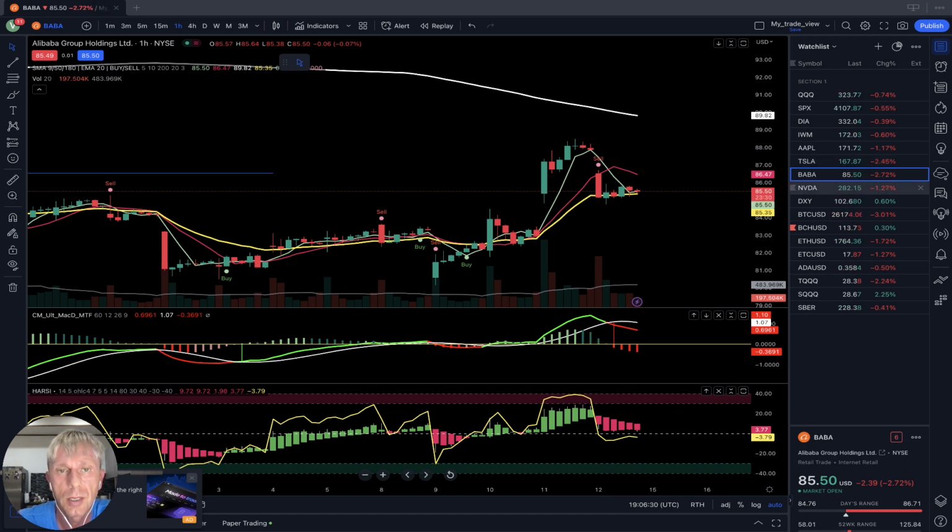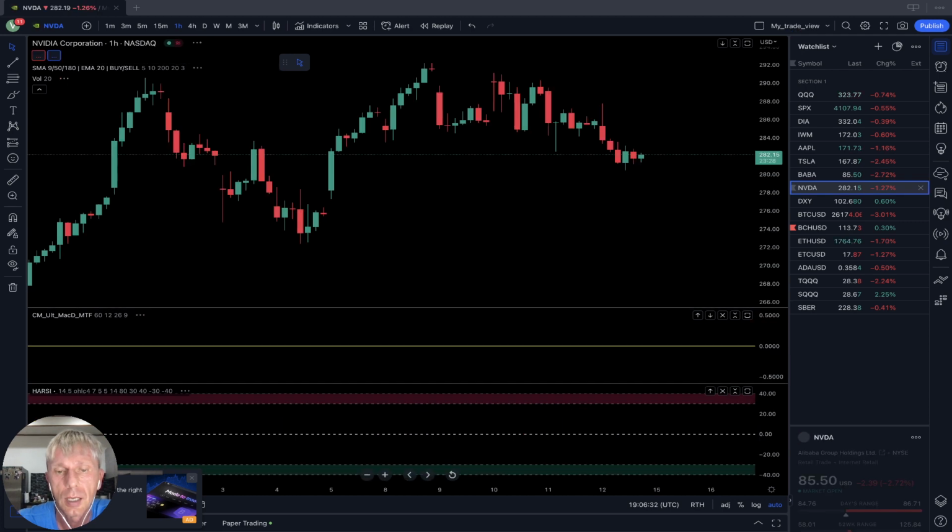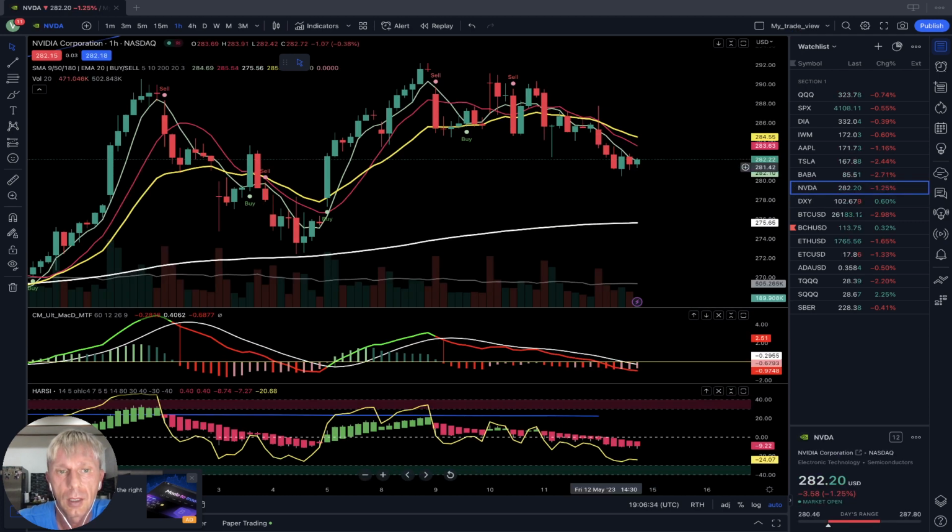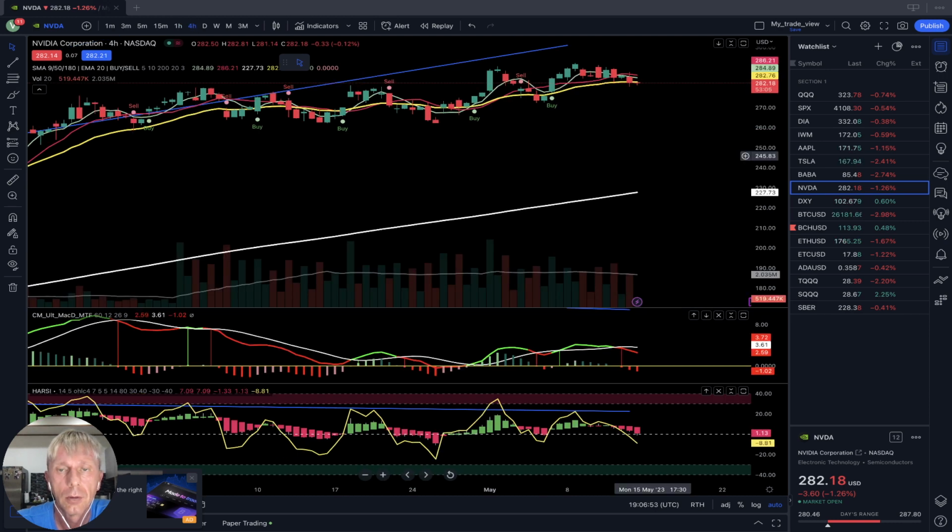Nvidia minus 1.25. Let's start 1 hour time frame. Some gap over here. Bearish trend on 1 hour time frame, sell signal, bearish trend, right? On all indicators. Kind of far from 20, but still bearish. 4 hours time frame for Nvidia, bearish trend also. No changes.